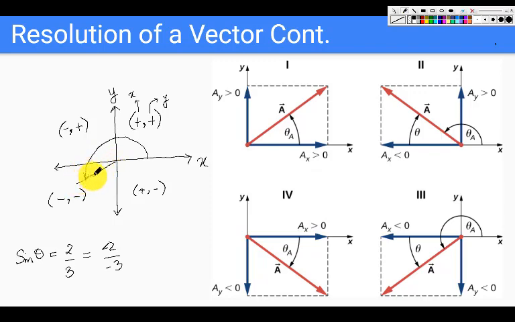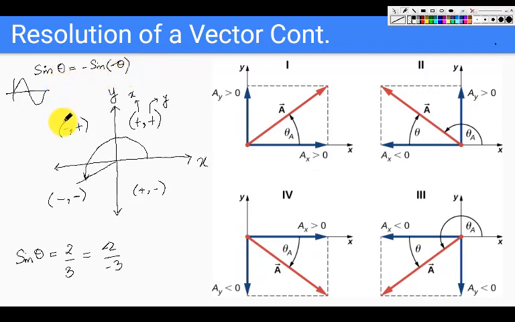So we already know this property of sine, that sine of theta is equal to minus sine of minus theta.